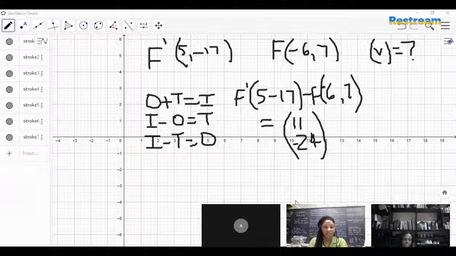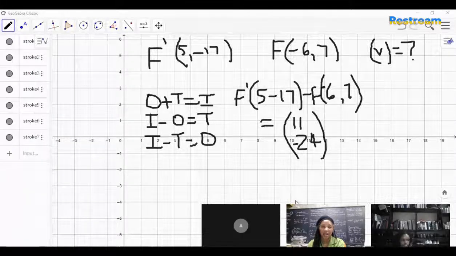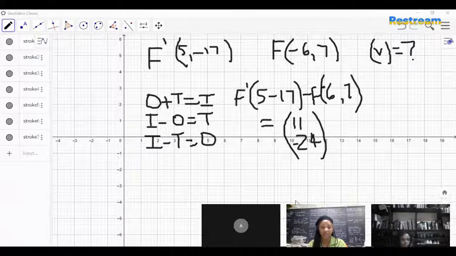You plot your points and connect them to get your figure, then add the translation vector to each point and plot the coordinates for the image.